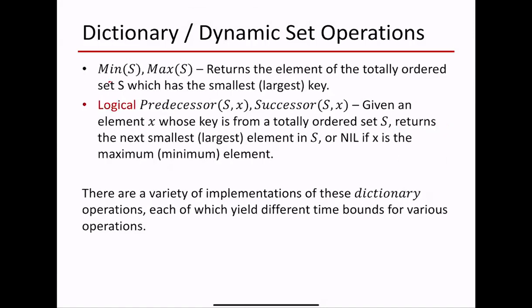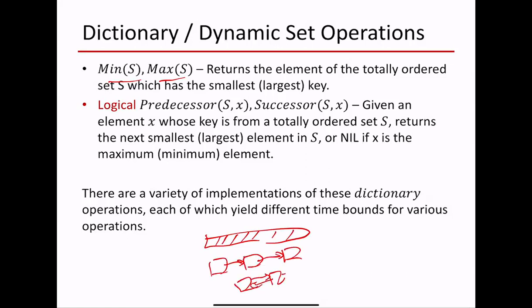So we know the min and max, and how we find the min and max in an array and a linked list. I assume everybody knows what an array is, what a linked list is, and what a doubly linked list is. Everybody clear about this?